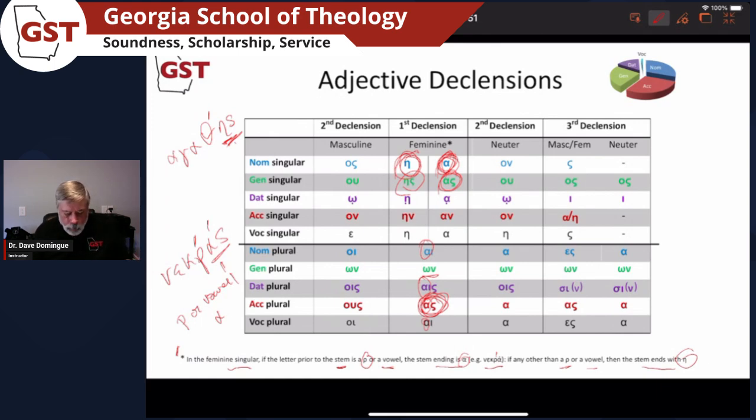So it can function as a marker to show that here ton agion, the holy ones, modifies what precedes it, that is the angels. It's in the genitive because of meta. This is a prepositional phrase. Meta is with, and so the whole thing's in the genitive.